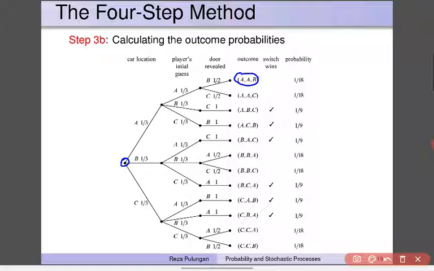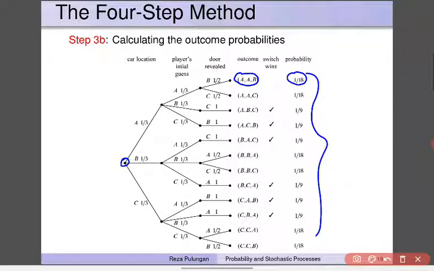So the probability of this outcome is equal to 1/3 multiplied by 1/3 and multiplied by 1/2, which is equal to 1/18. So that's it. In a similar manner, we can compute the probability of all other outcomes.